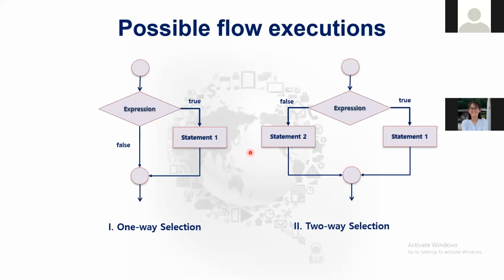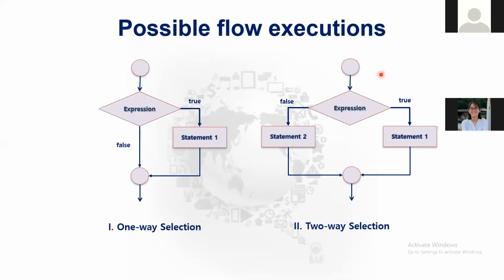These are the possible flows, in one way or two ways. If it is true, you go into one statement; if false, you just proceed. But in the two-way case, if it is true, you do statement one, but if it is false, you go to statement two.